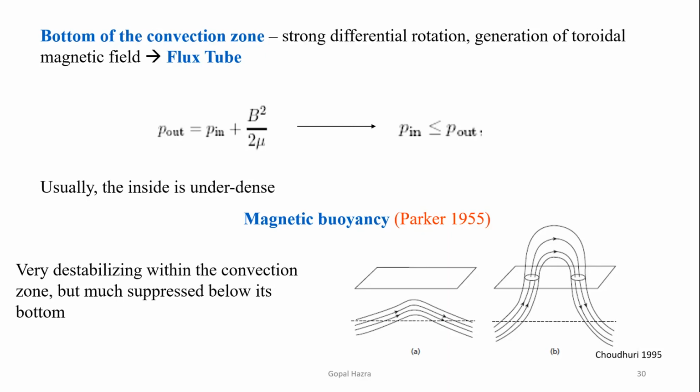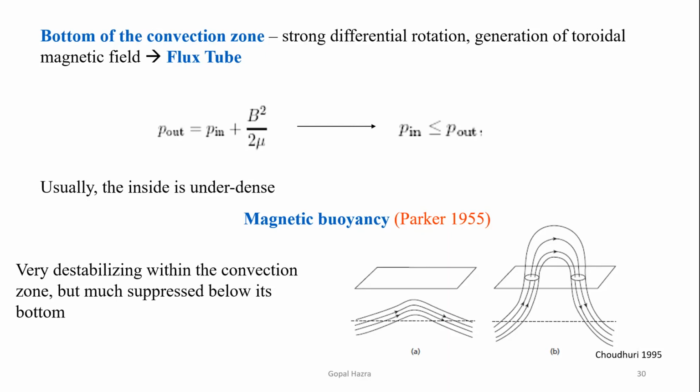So the inside pressure is always less, and if the pressure is less, it will go buoyant. That's why the buoyancy works. That idea was formulated in 1955, and it is a genuine and very novel idea that for all sunspot formation, people do the magnetic buoyancy calculation.